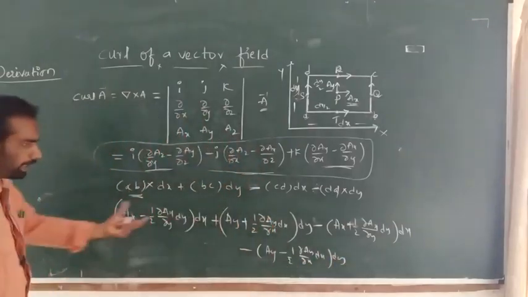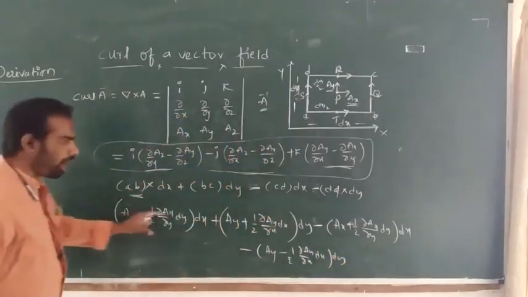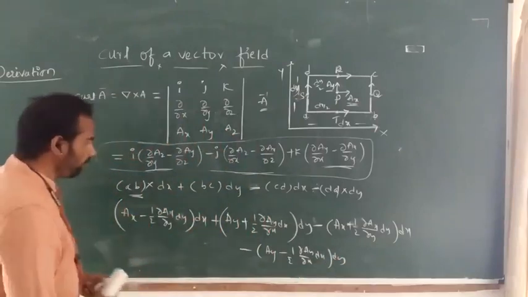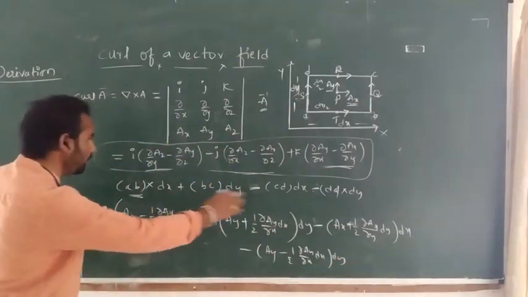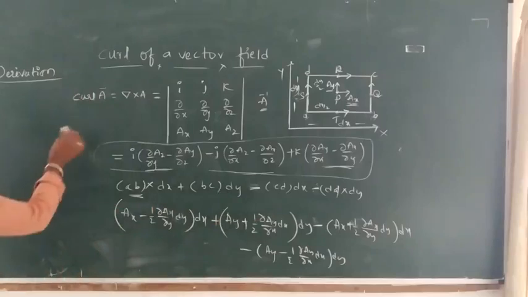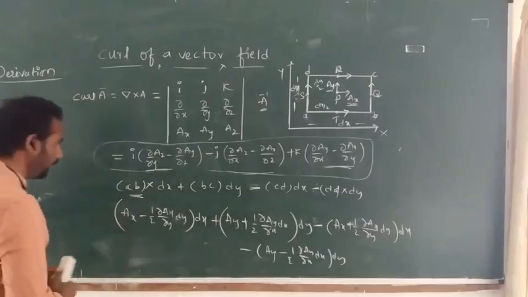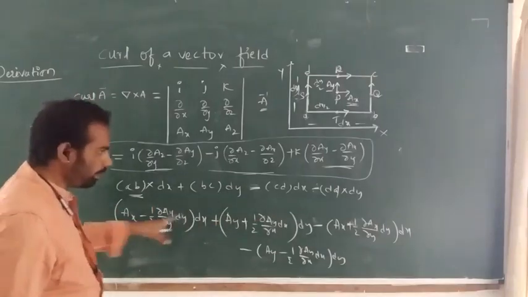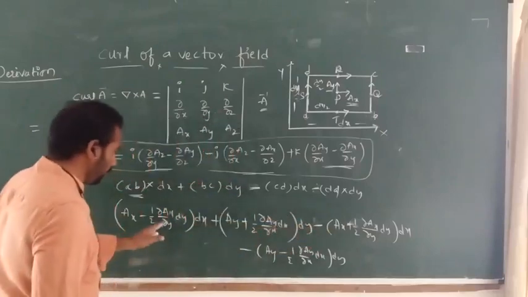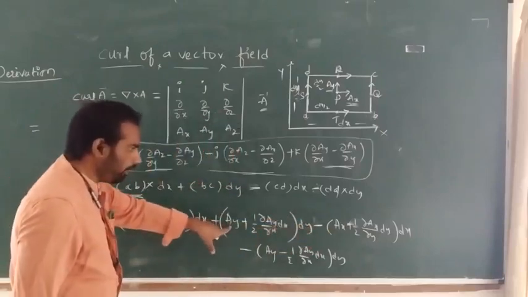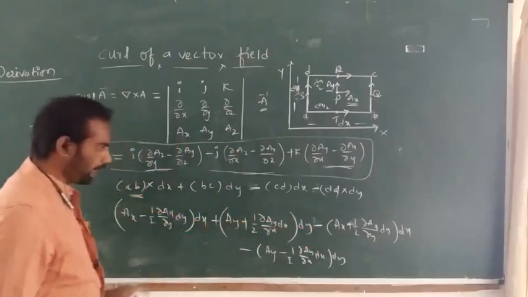If you add all the things, what do we get at last? Ax minus Ax will be cancelled out, then Ay and minus Ay will be cancelled out.